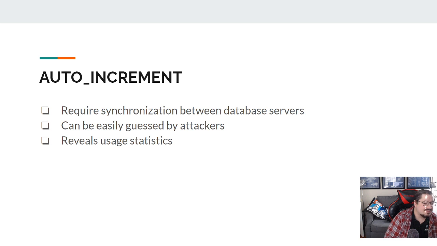The other thing that happens is that, let's say I'm using auto increment, it's actually really easy for attackers to guess what those numbers are going to be and predict them, right? So if I know that my user ID is 27, what do I know? There's probably a user 26, 25.